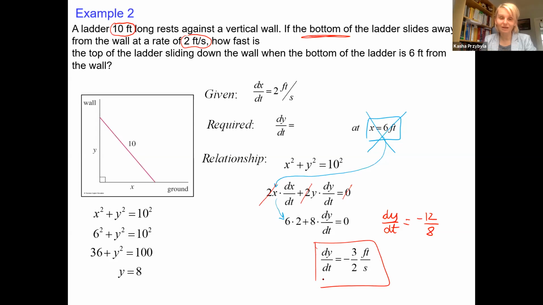Do you think the negative answer is correct, or did we make some calculation mistake? It is correct. And why is it correct? Do you remember, when the rate of change is negative? Yes, because it's decreasing. When something is decreasing, the slope is negative.